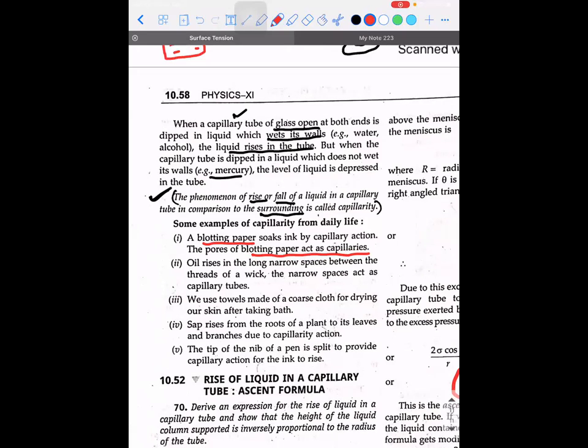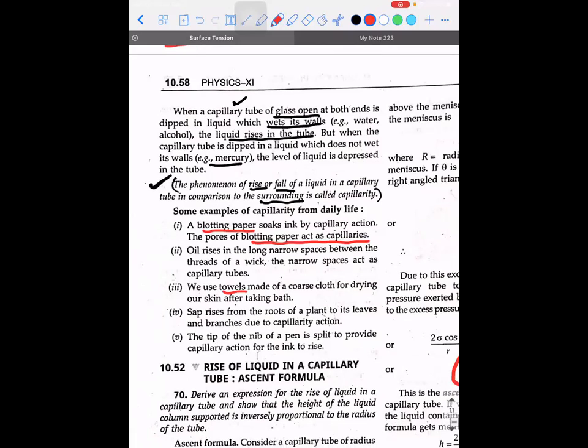Similarly, when you use towels made of coarse cloth for drying our skin after taking a bath, when you touch the cloth to the wet part, you can observe that water will disappear from there because the towel will start absorbing it due to the capillary action. Are you able to understand? So these are all some real-time examples of these capillary actions. And this phenomenon is what is called as capillarity. Guys, am I clear?